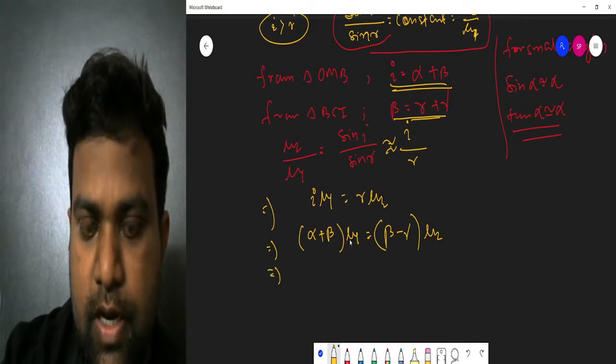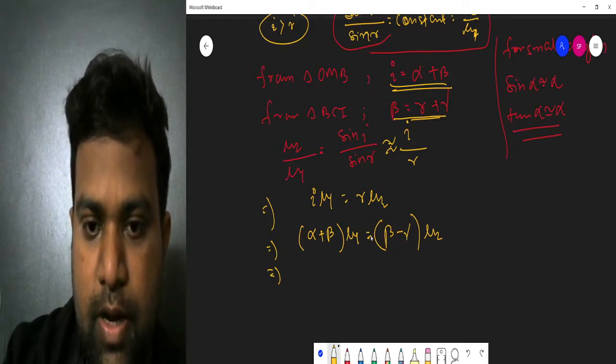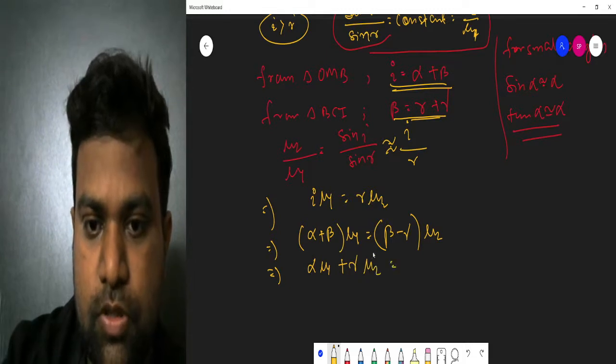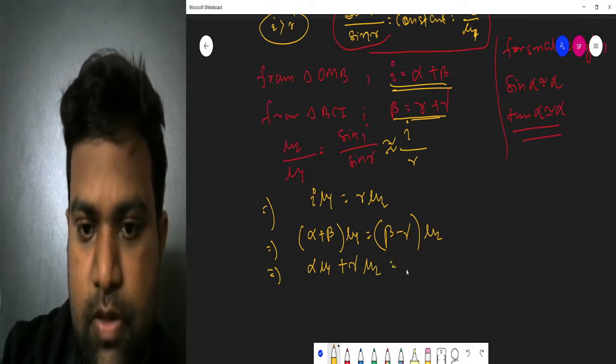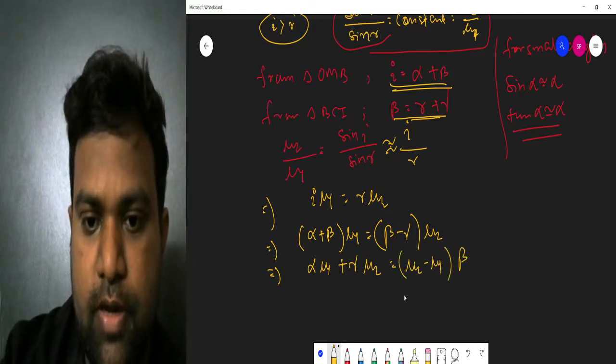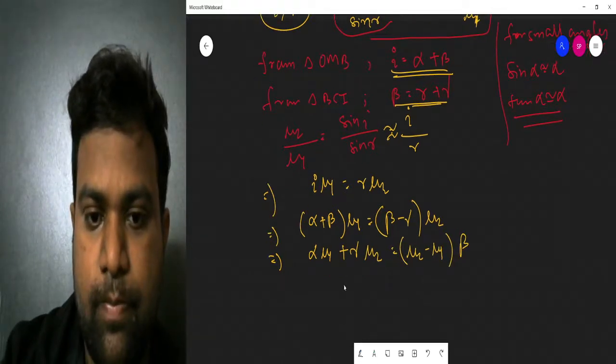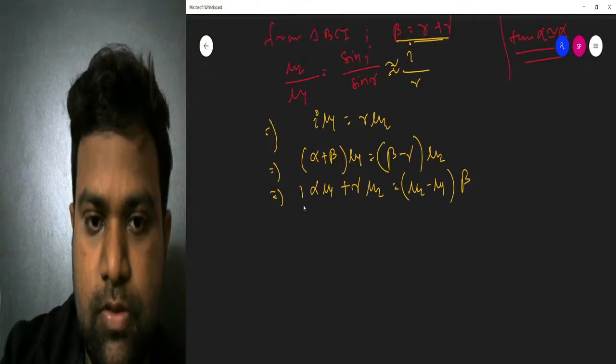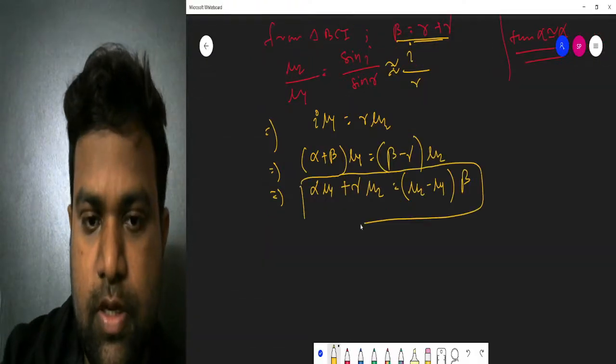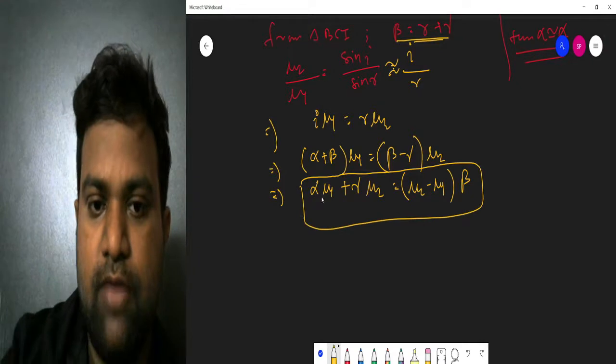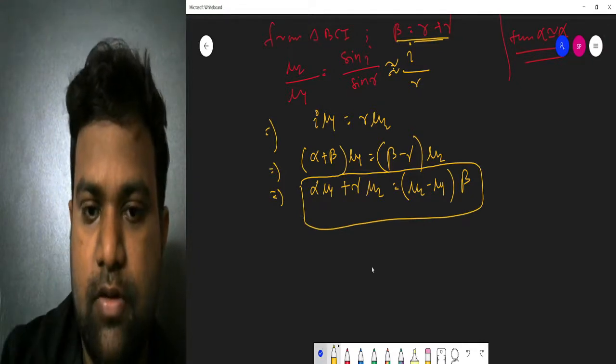You can bring alpha and gamma close, so alpha mu 1 plus gamma mu 2 is equal to, in the right side you can take the beta, so this will be mu 2 minus mu 1 common beta, right? So here we can put alpha, beta and gamma from this one.